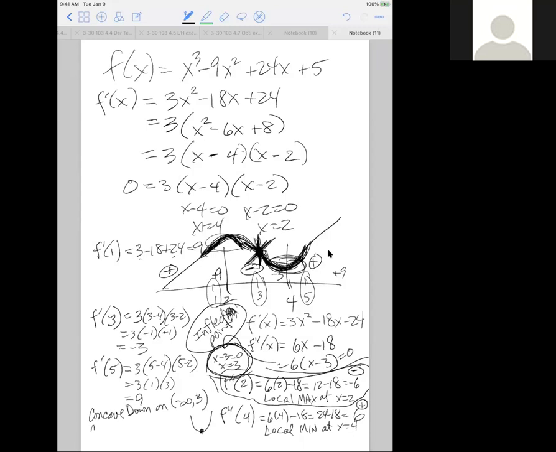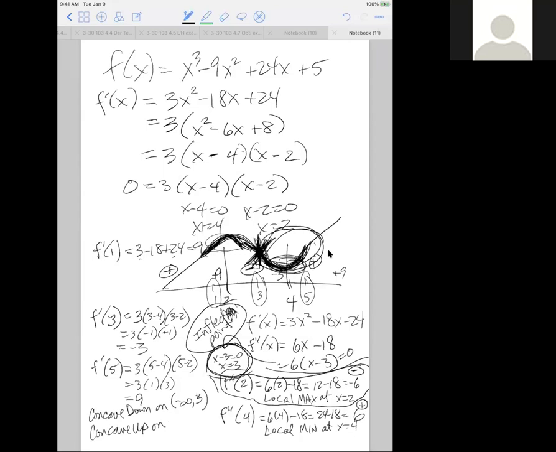And concave up is over here. It starts at 3 and comes over on this side. So it is concave up on 3 to positive infinity. Okay, let me go ahead and clear out that notation back there.